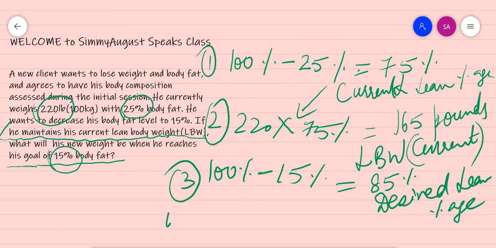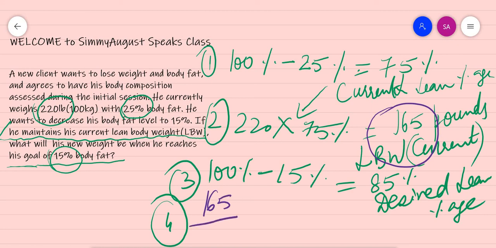Fourth step is to divide the current lean body weight, that is 165, by the desired lean percentage, 85%. So we will get 165 divided by 85%. This comes to 194 pounds.